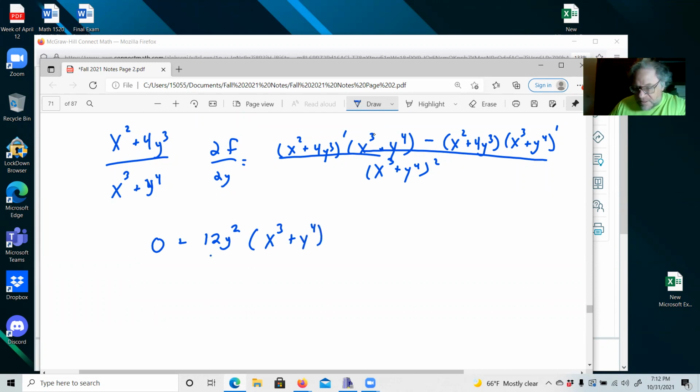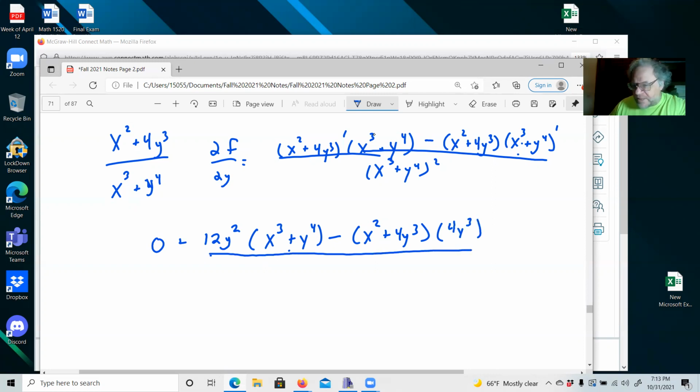Derivative of the top times the bottom minus the top, x squared plus 4y cubed, and now we need the derivative with respect to y of this term. The derivative of x cubed, that's 0. The derivative of y to the fourth is 4y cubed.